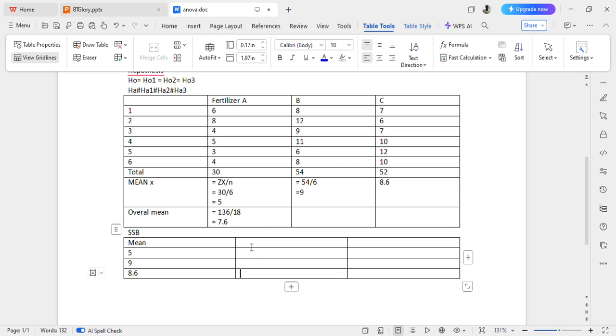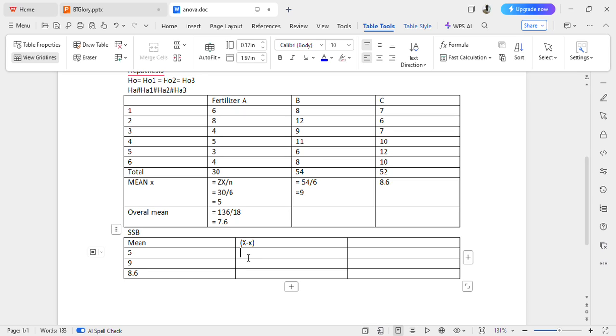Alright, we get the deviation. So x minus the overall mean.